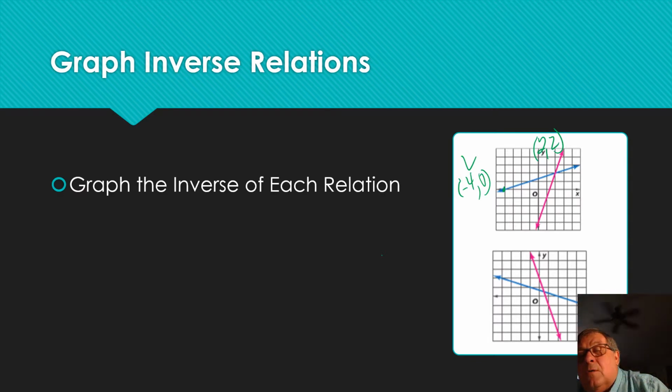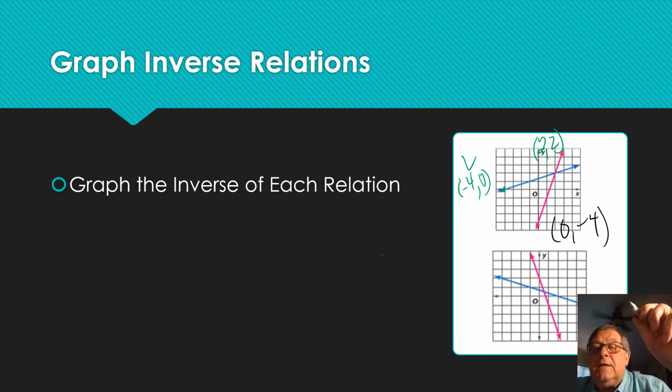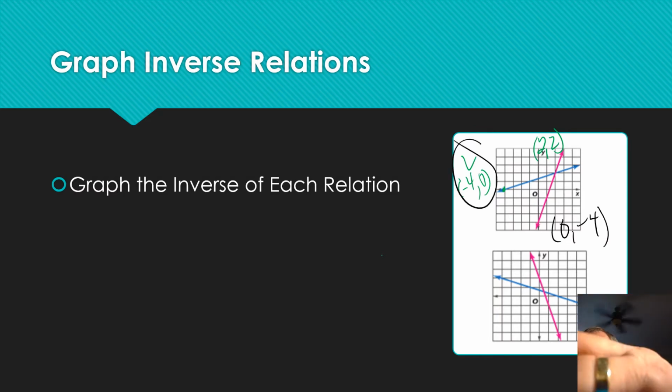X is 1, 2, 3, 4, so (-4, 0). Okay, well, that's an inverse relation of this point right here. And here, on the red line, x is 2 and y is 2. And of course, they're the same value, they're just swapped around.